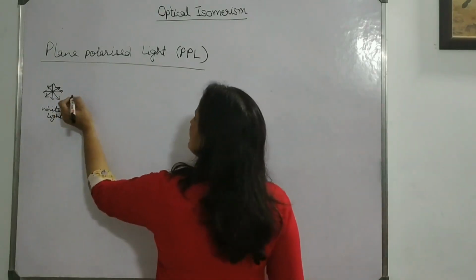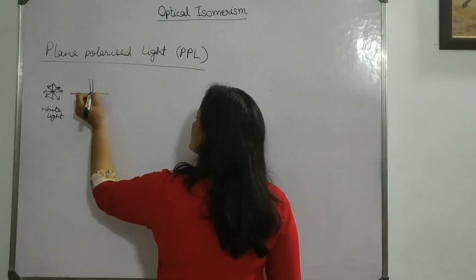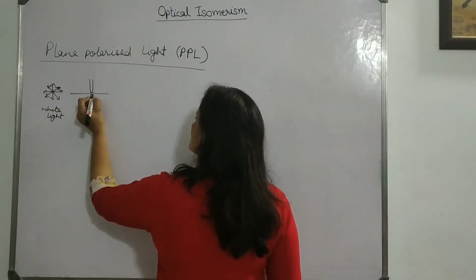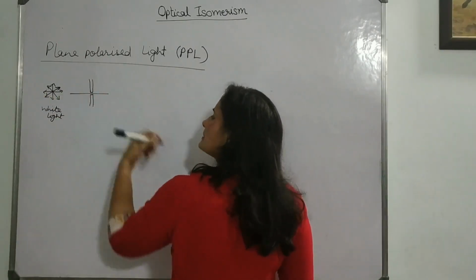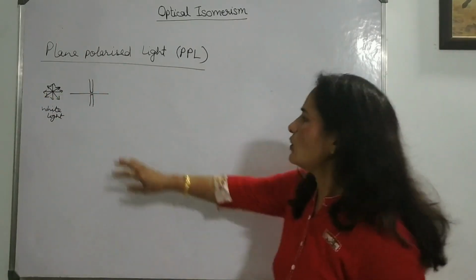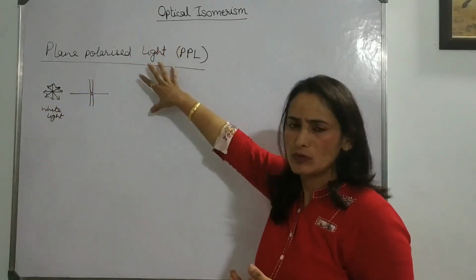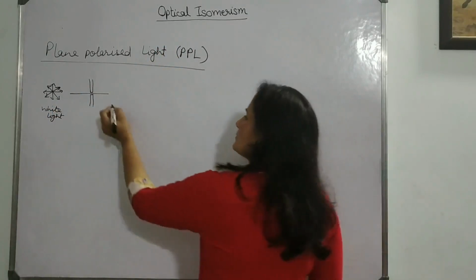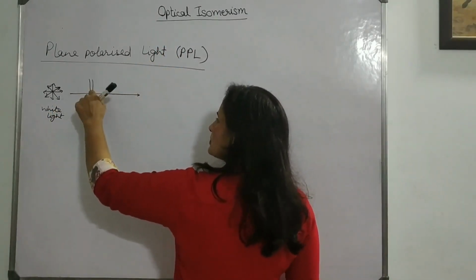When such white light is allowed to pass through a slit, the slit cuts down all the rays except one direction. All the other oscillations are cancelled out and only one direction of oscillation passes through this small hole.